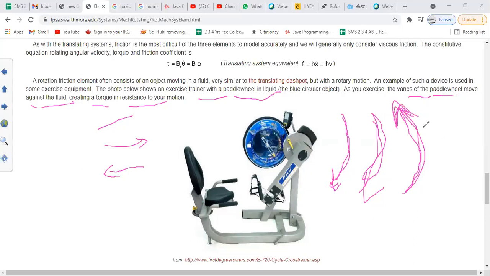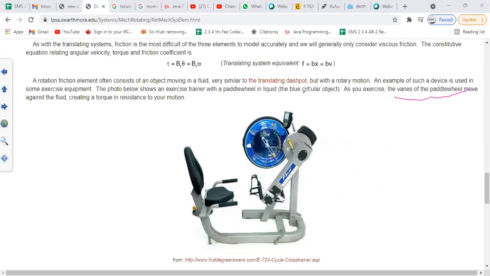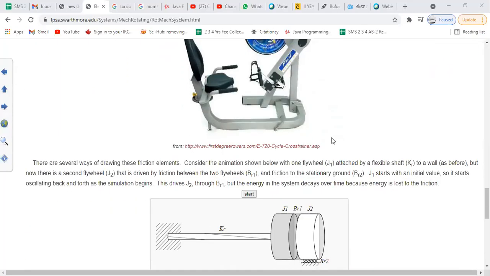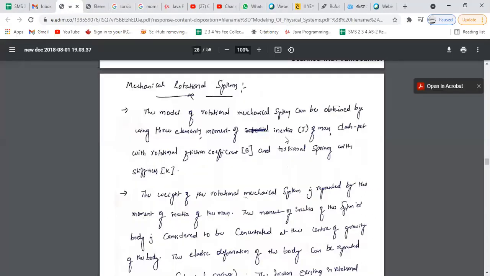That's what he explained, right? The vanes of the pedal wheel move against the fluid, creating a torque in resistance to your motion, which forces some opposing torque, right? So these are the basic elements of the rotational system.